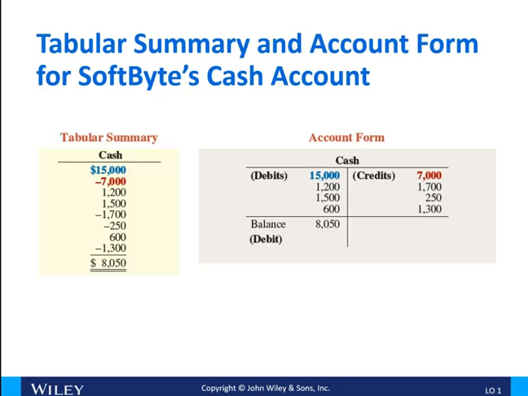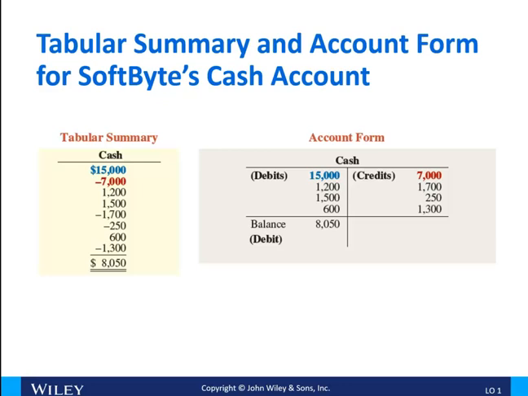We spend another $250 on something, so that's a negative. We received $600, so that's a positive. And then finally, we spent $1,300, another negative. Sum up that column, we get a balance of $8,050. So we started with $15,000, we had some transactions, and we were left with a balance of $8,050.